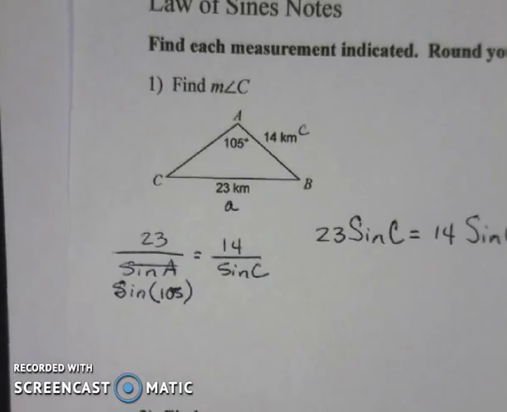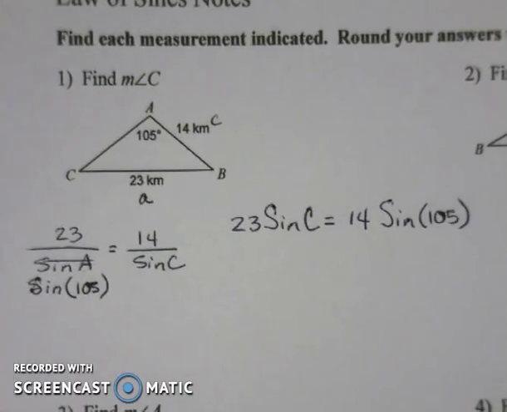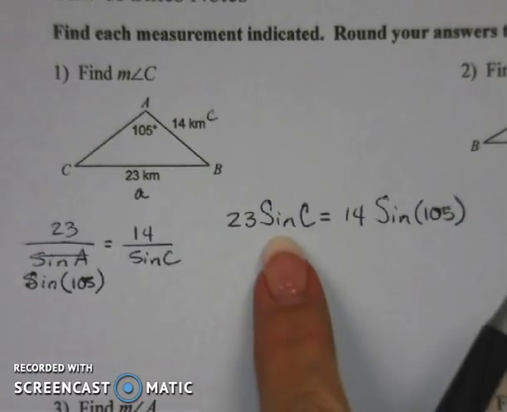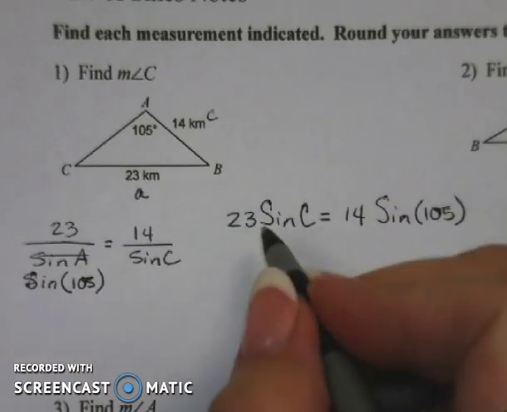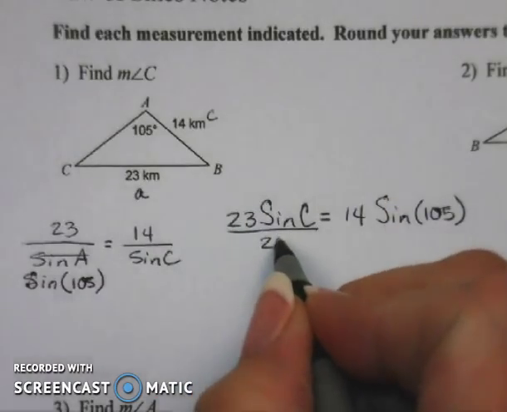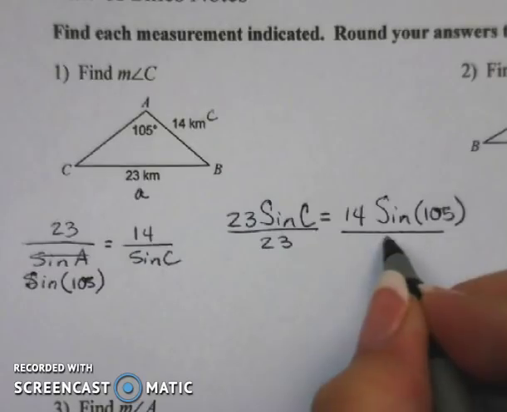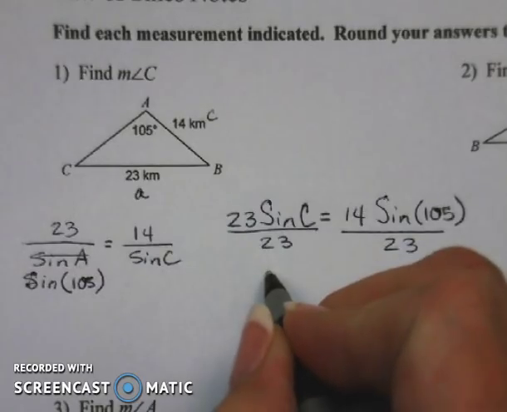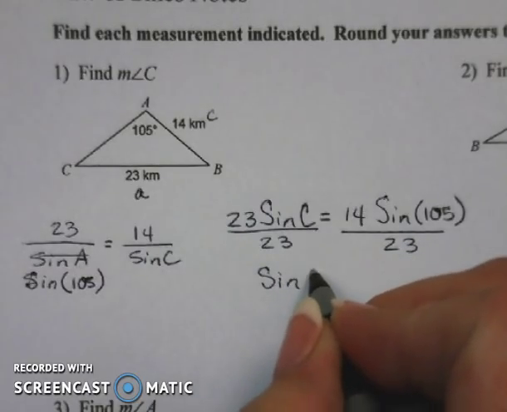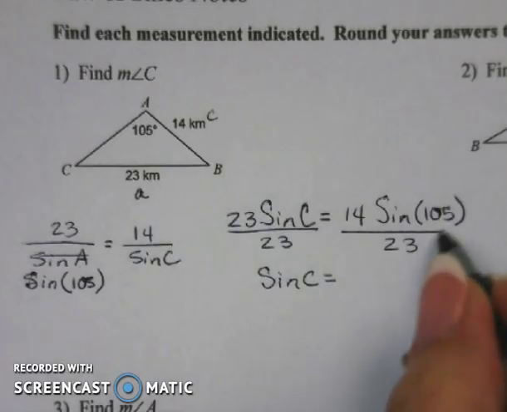Now, slide it over. To get the sine of C by itself so that I can solve, I need to divide by 23. So sine C is equal to this.